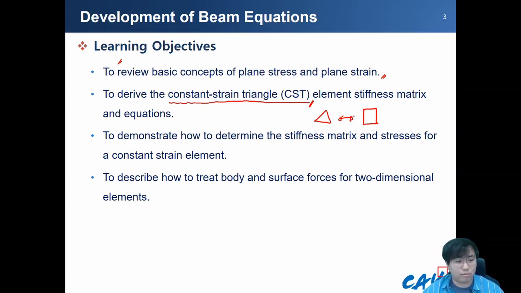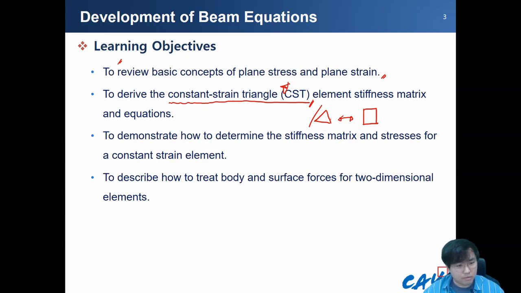However, it's more complex, so maybe today I'm going to stop before defining the element. Maybe next lecture we are going to learn about this CST element. The rectangular element, I think you can easily understand, but it will be more time-consuming work than defining the triangle element.